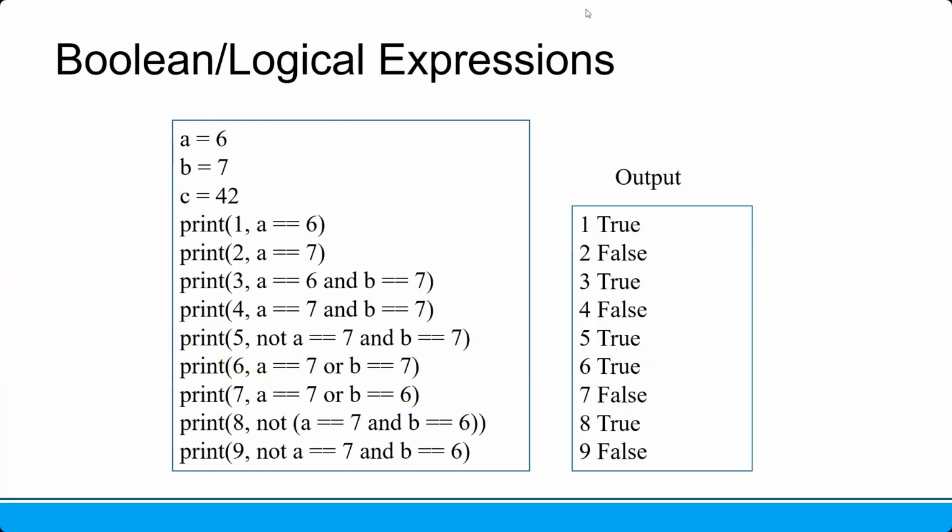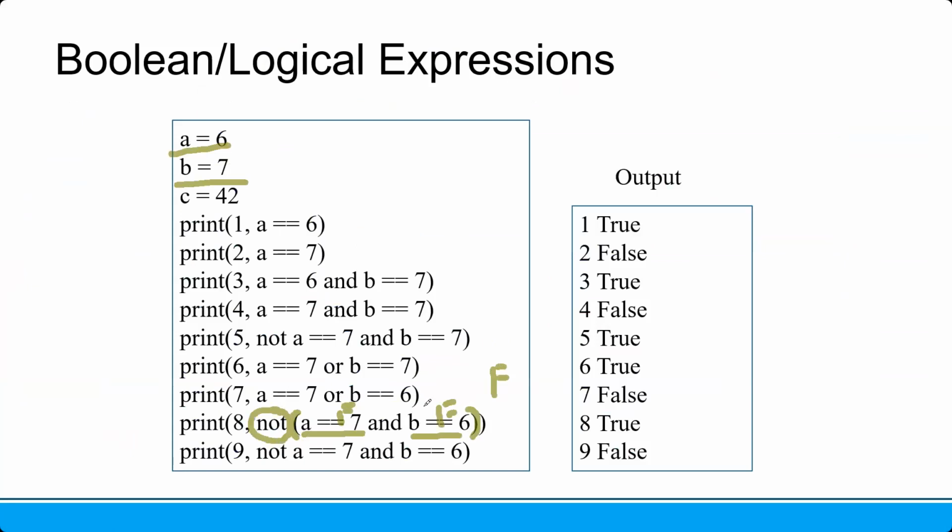Now, we have the parenthesis. A equals 7, false, and B equals 6, false. So both of them are false. Then the result is false. We have not.